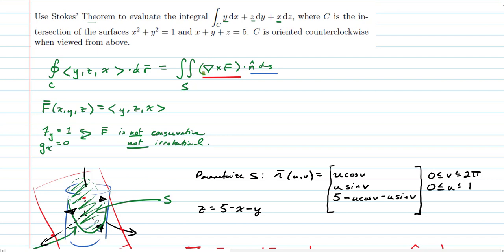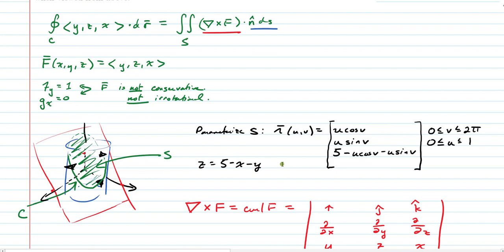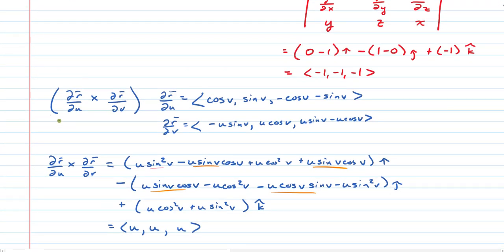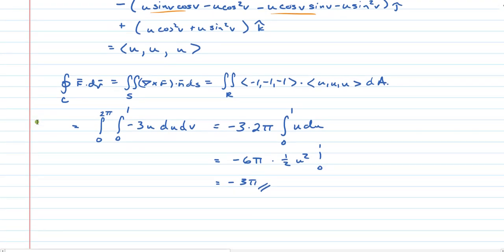So we had to compute the curl of our vector field, and then we had to compute the normal vector of the surface. To do that, we had to come up with the parameterization of the surface and then compute the normal vector through that computation there. Once we did that, we were able to rewrite this flux surface integral in terms of the parameterization, and then it was a simple computation.